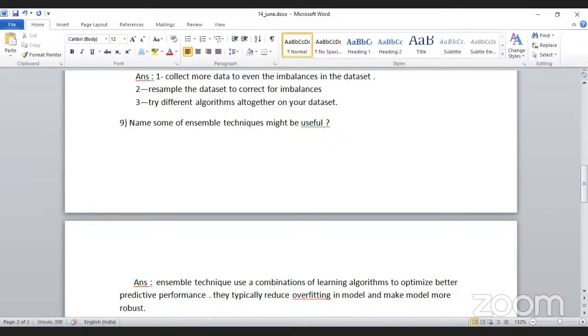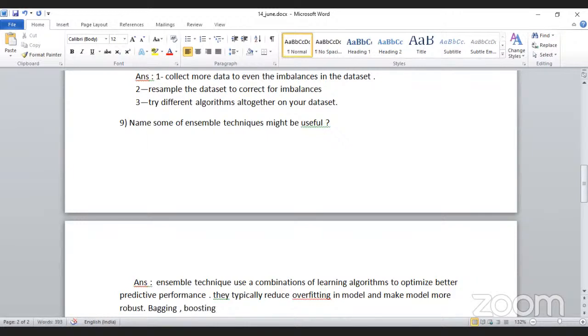So it will not change its value or accuracy much with a small change in the training data. Some examples are bagging and boosting.